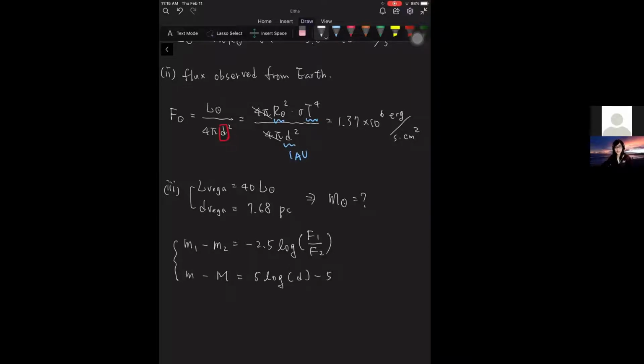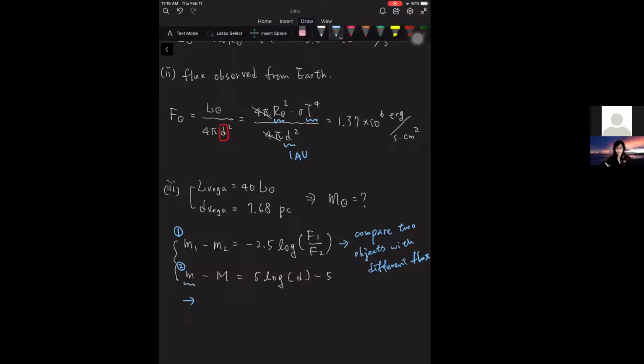The difference is that in the first equation, we are comparing two different objects with different flux. But the second one, the distance modulus, is used for the same object.